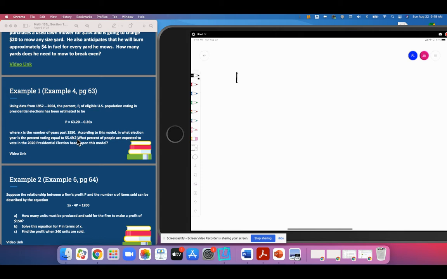We have P is equal to 63.20 minus 0.26x. Again, X is the number of years past 1950. We are looking for the year that the percent will get to be 55.4%.